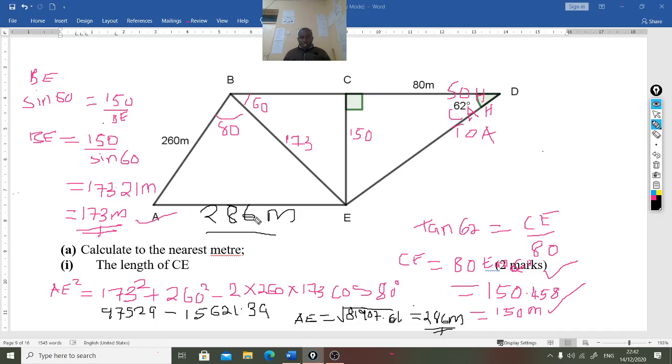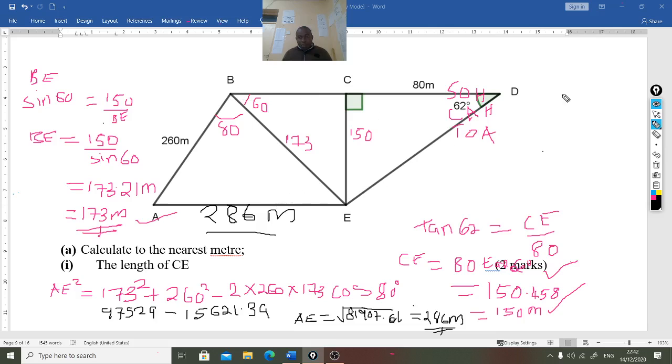So I have this one, I have this one here, I have 286. I have DE. I can find it using SOHCAHTOA. I can also find BE using SOHCAHTOA, so that I find the perimeter.